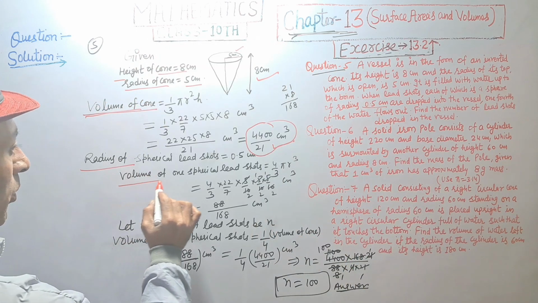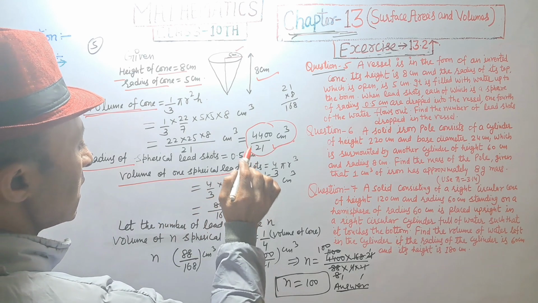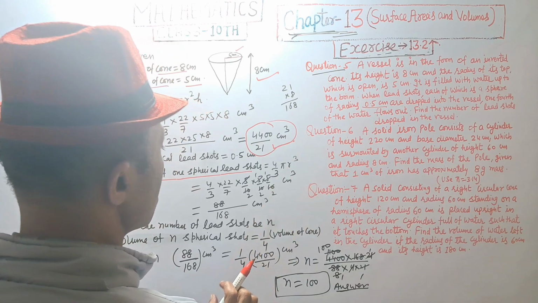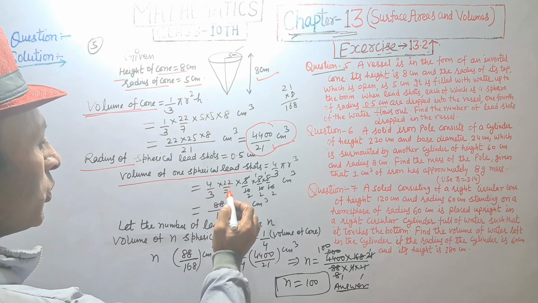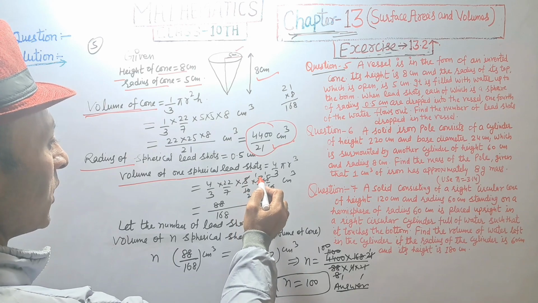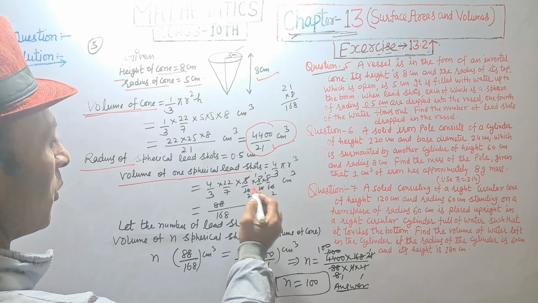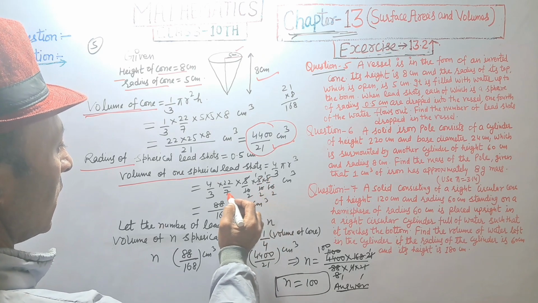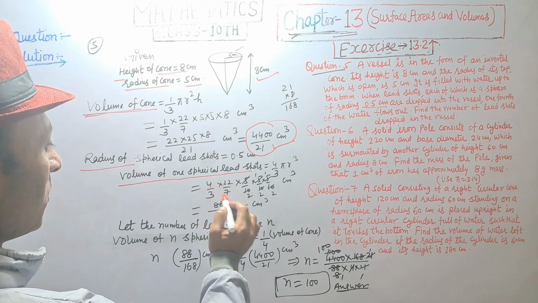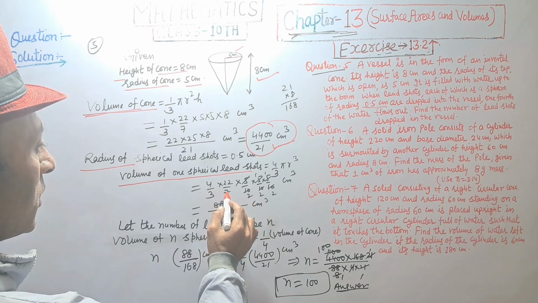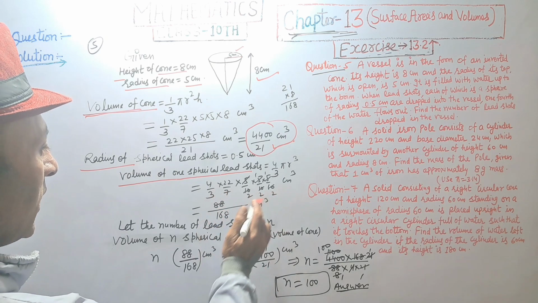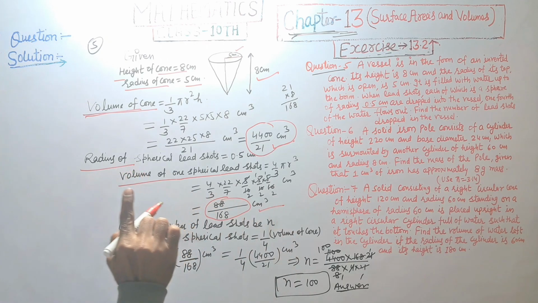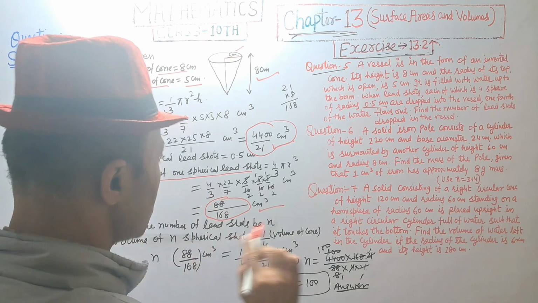Volume of one spherical lead shot is 4 upon 3 into pi r cube, 4 upon 3 into 22 upon 7 into radius 5 upon 10 into 5 upon 10 into 5 upon 10, 5 2s are 10, and 22 multiplied by 4 is 88 and 3 7s are 21, 21 8s are 168 centimeter cube.